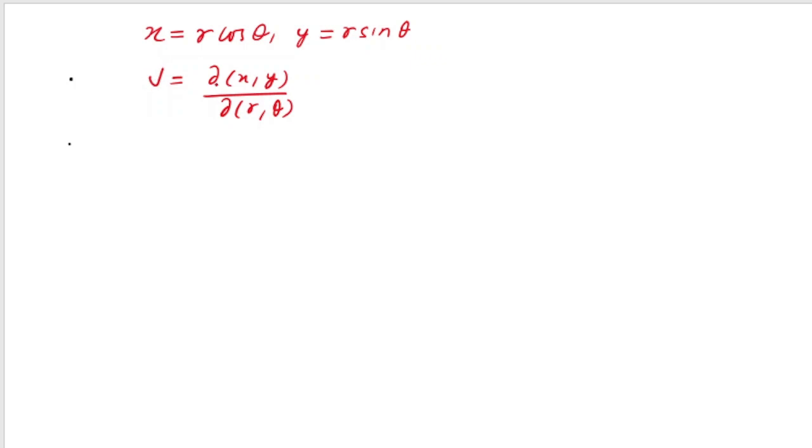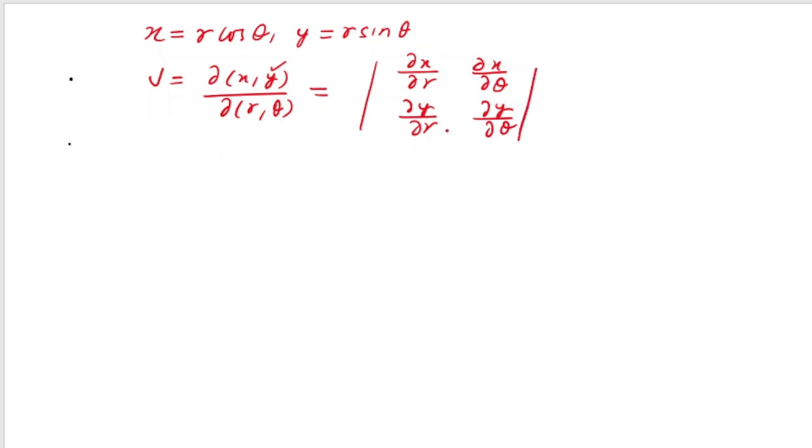I will find J is equal to del of xy by del of r theta. As per the definition, I can write del x by del r and del x by del theta. Then I take the y term and write del y by del r and del y by del theta.